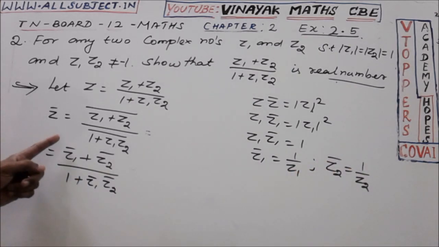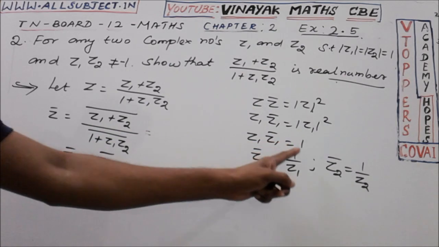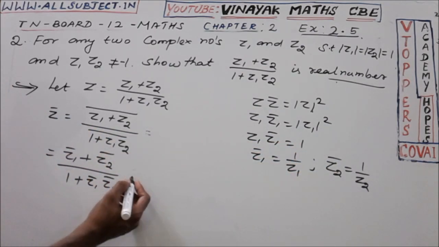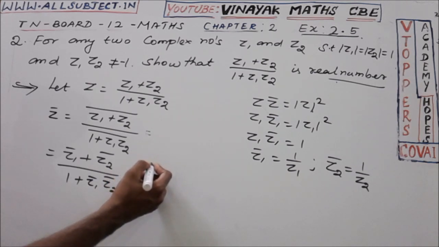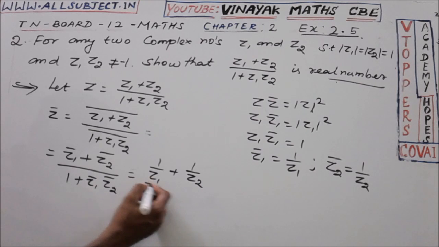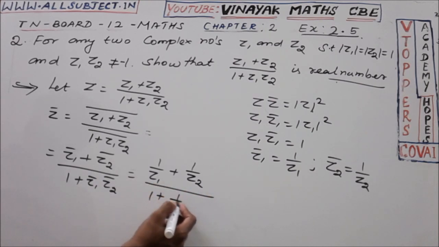Applying the same condition we derive z2 bar equal to 1 by z2. So substituting 1 by z1 and 1 by z2 for z1 bar and z2 bar here, we get (1 by z1 plus 1 by z2) divided by (1 plus 1 by z1 into 1 by z2). Now we can simplify this.